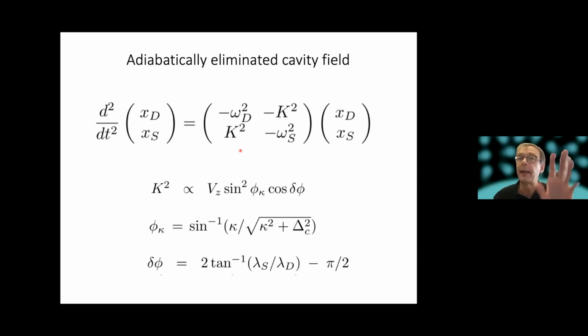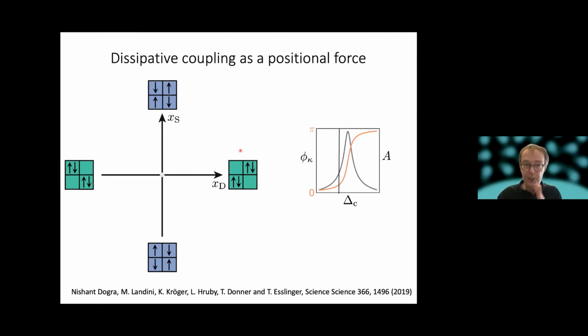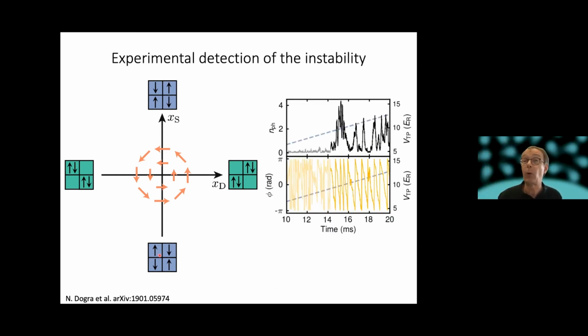And you can adiabatically eliminate the phase and solve it. What you get then is a regime where your system is driven in time from the density mode to the spin mode, to the density mode, to the spin mode, and so forth. And that's what we had also observed.